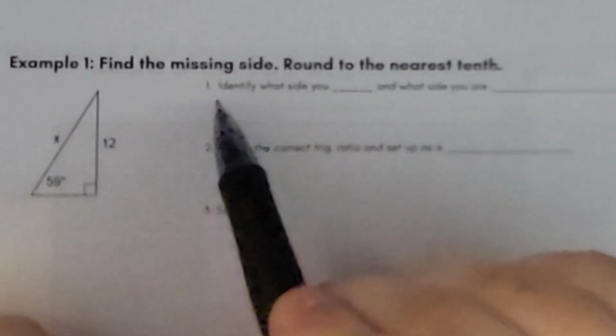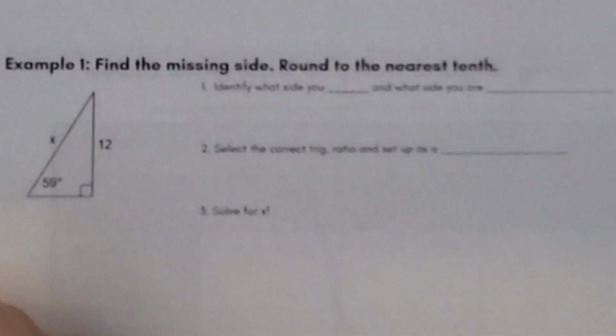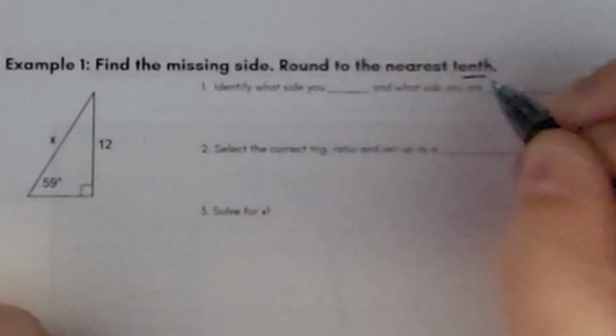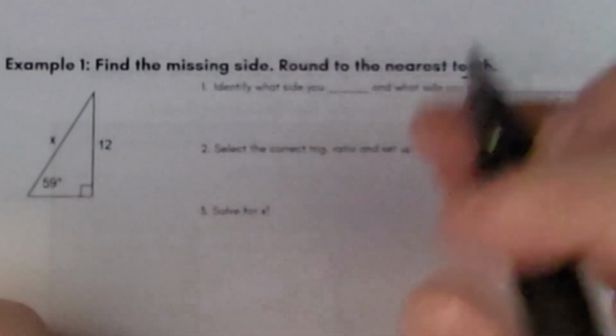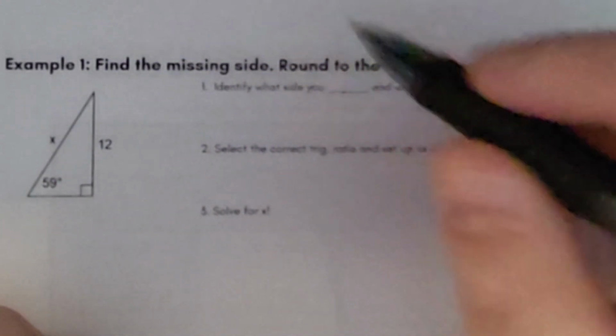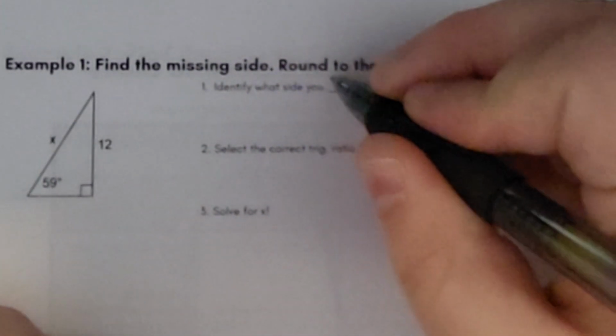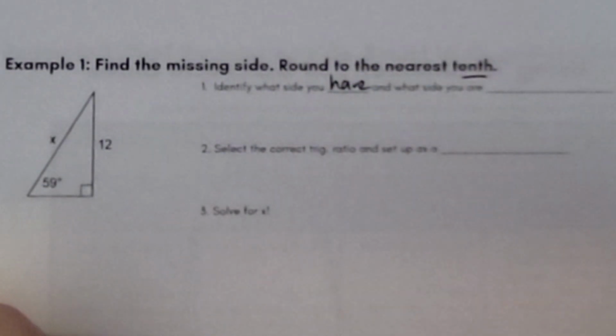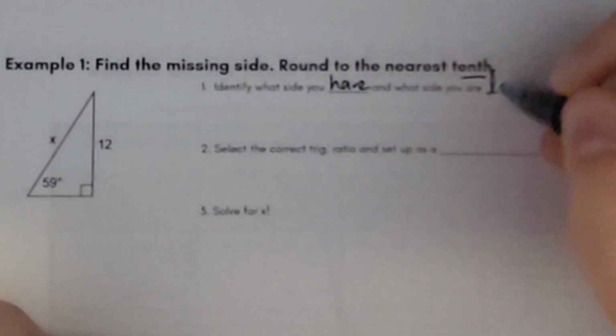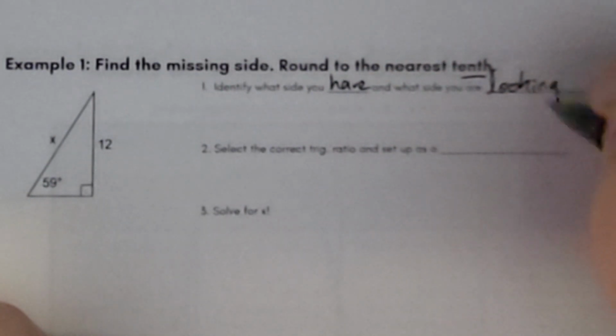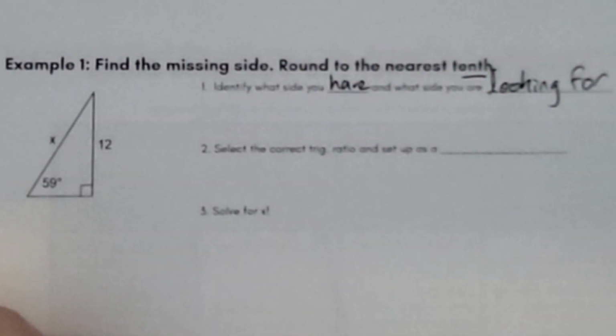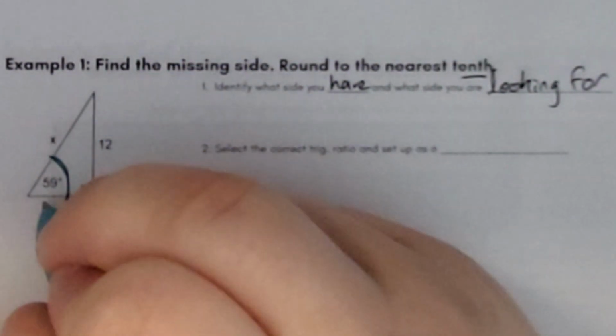So example 1, we want to find the missing side and make sure we round to the nearest 10th place. The first step is to identify what side you have and what side you are looking for. So I see our reference angle is here, 59 degrees.